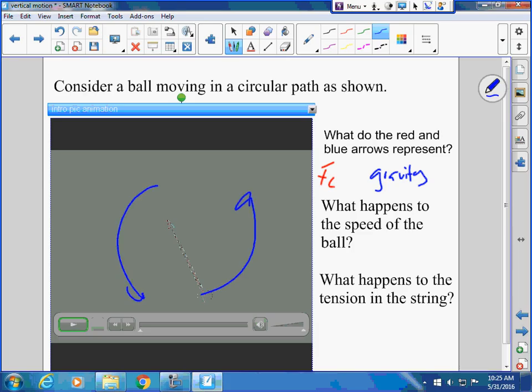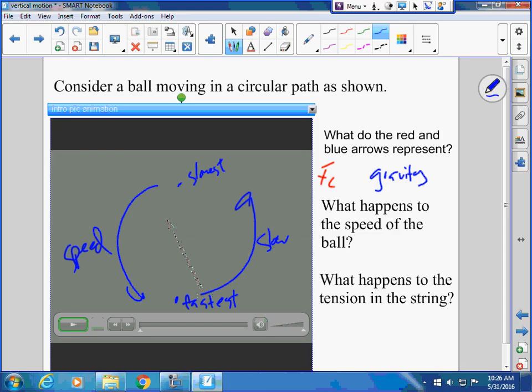And then on the way down, it's going to speed up. Right? When is it at its slowest? Right there. It's at its slowest at the top, which tells you that it's likely at the bottom traveling its fastest.